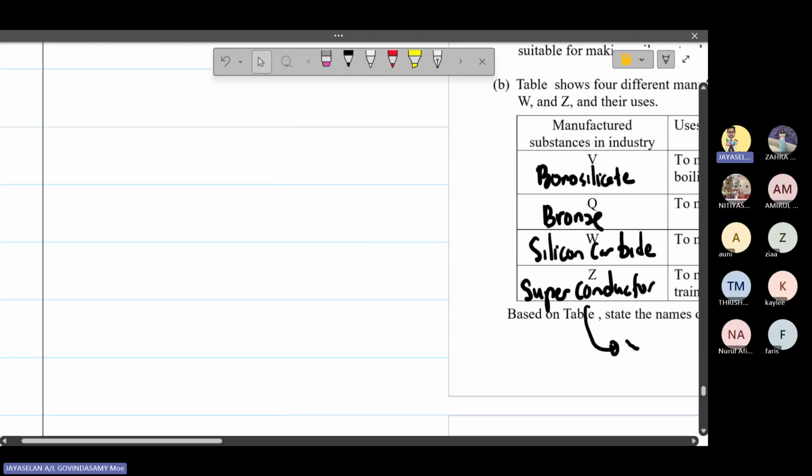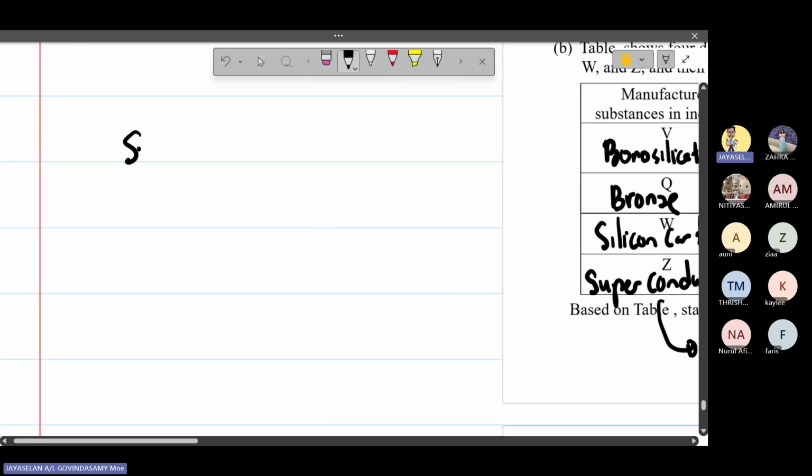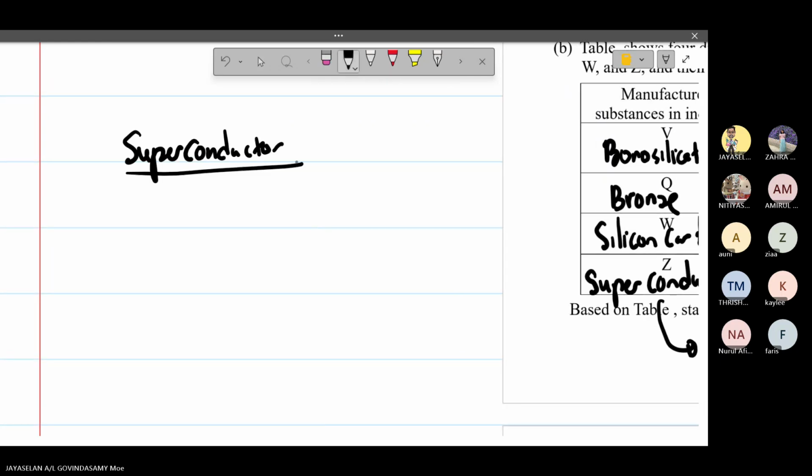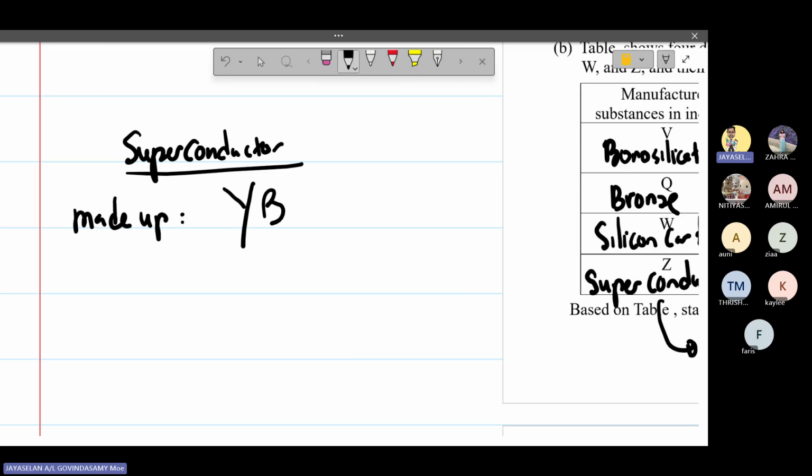Okay, what is the substance that superconductor is made up of? Don't write the long name. Just put YBCO. Enough. You already score 1 mark. Yttrium, barium, copper oxide.